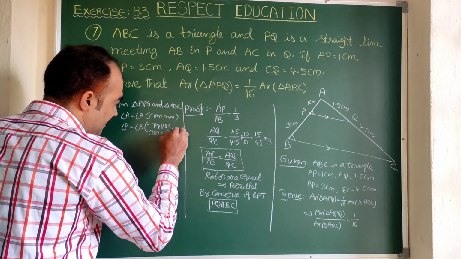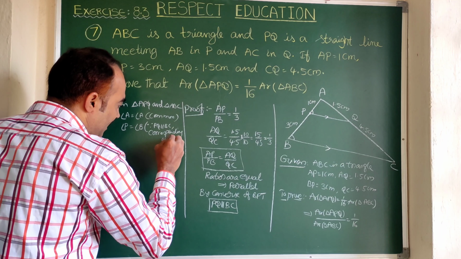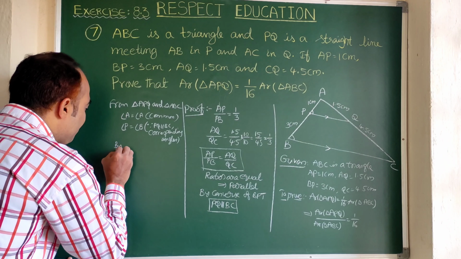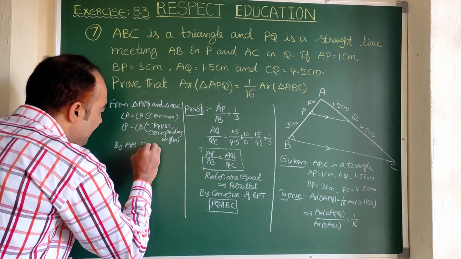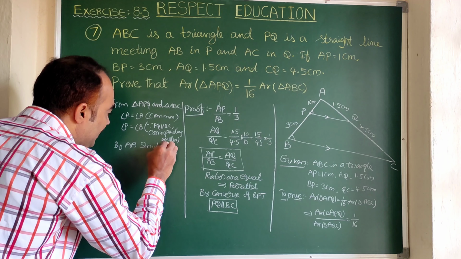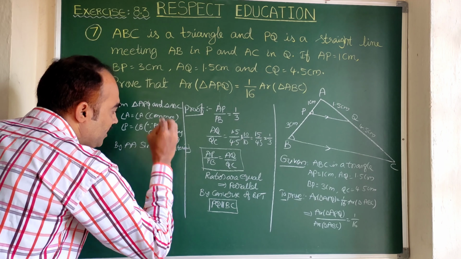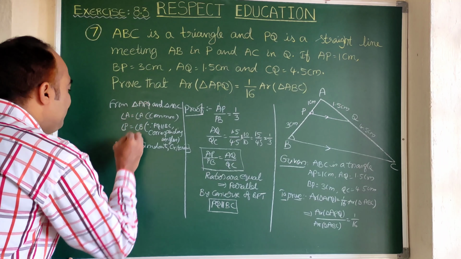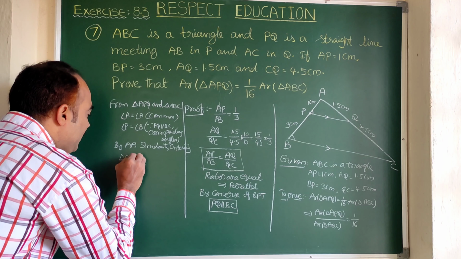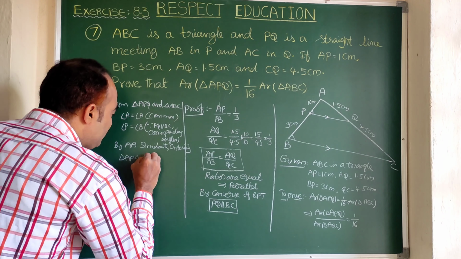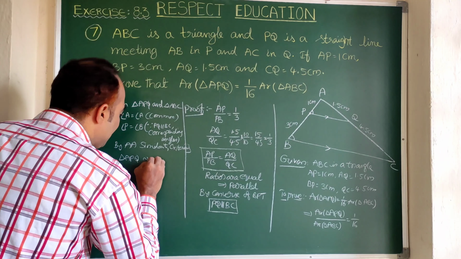So here I am writing corresponding angles. So by AA similarity criterion, we can say that triangle APQ, this upper triangle, is similar to the whole triangle ABC.